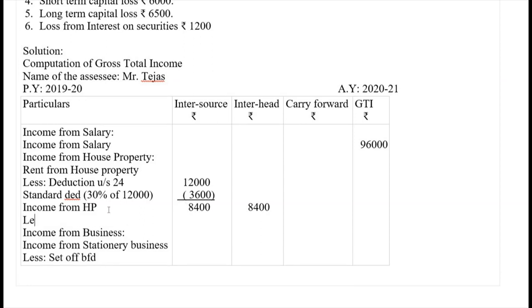Less set off of brought forward loss from house property, which is given as rupees 4,500.